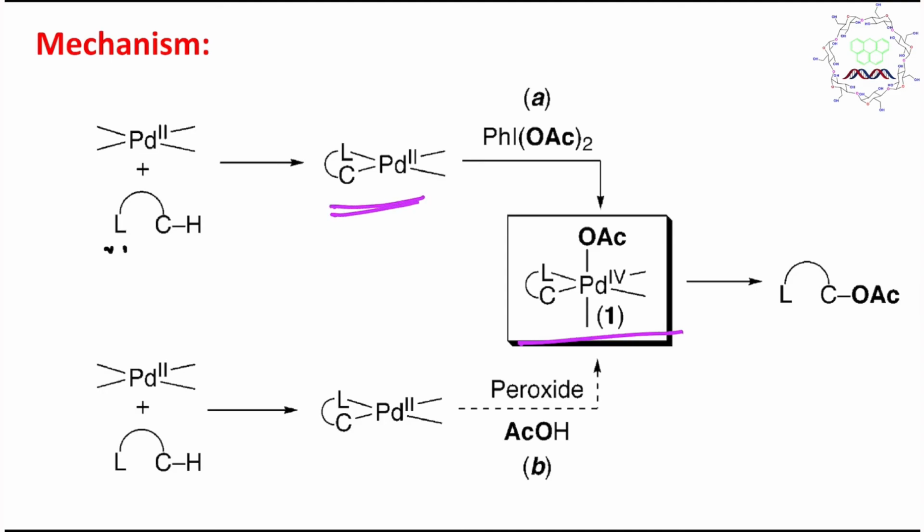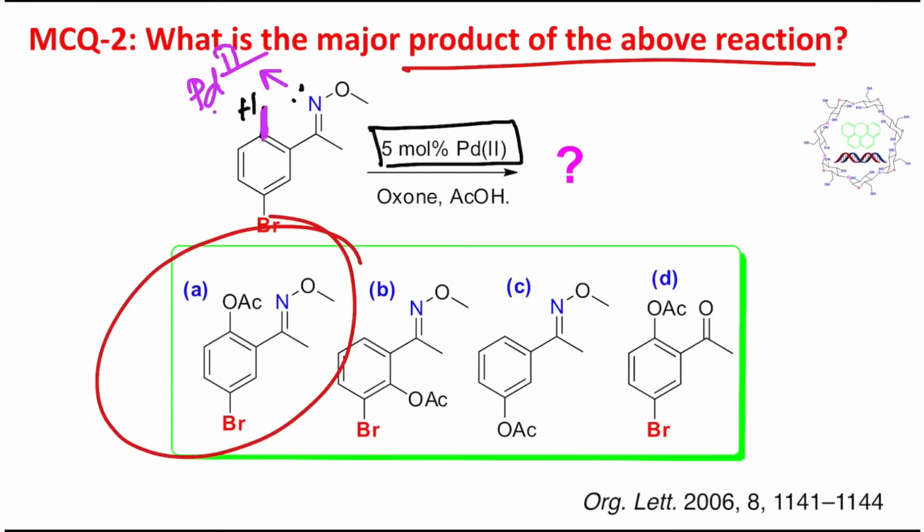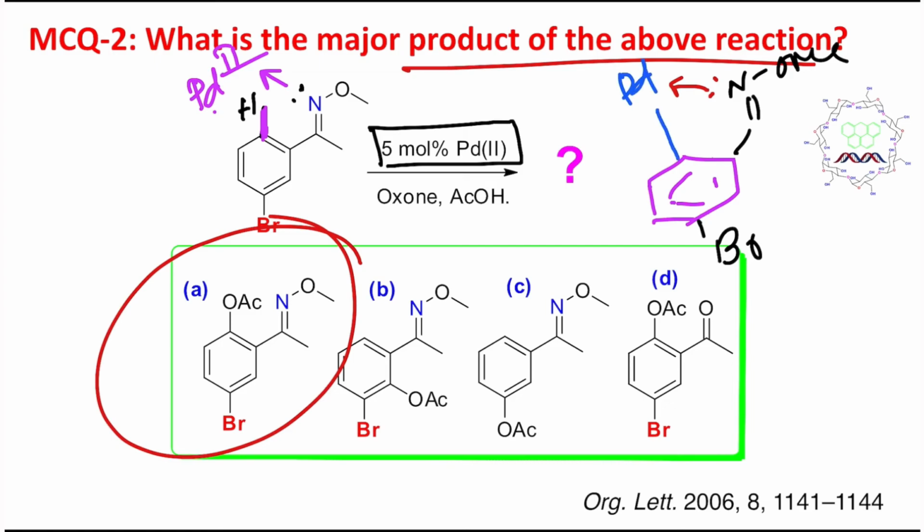And after that, see, this ligand is coordinated, means it's a coordination bond. There is a coordination bond, and carbon has a direct bond. If I draw it a little carefully, you can see the compound: this is the bromine, this is N and this is OMe, and here this lone pair is donated to the palladium metal, and palladium has a direct bond with this carbon.